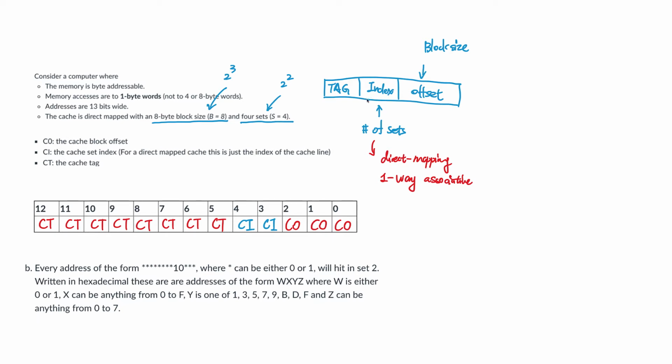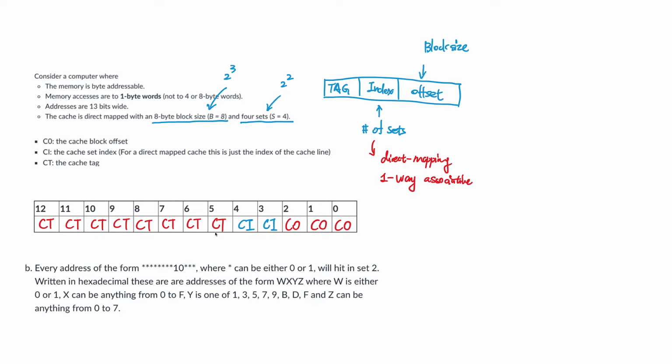And for the index, because we have 4 sets, to distinguish each set we need 2 bits, to distinguish 0, 1, 2, 3. So we have 2 bits for the index. Using CO to represent the cache block offset, we have 3 CO bits and 2 CI bits, and then the rest are all CT, the tag.